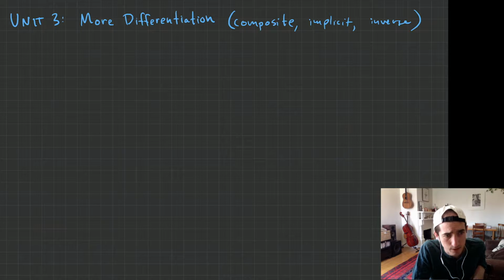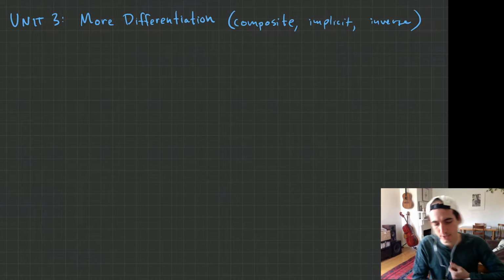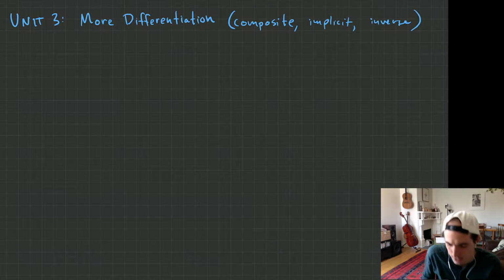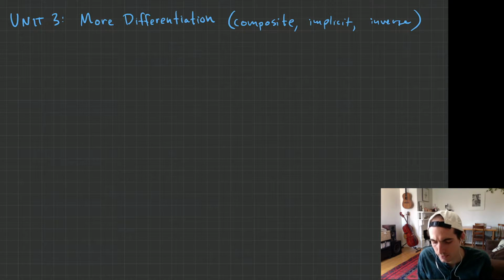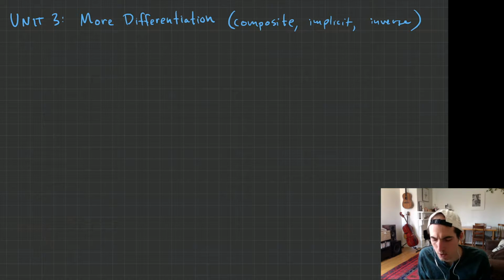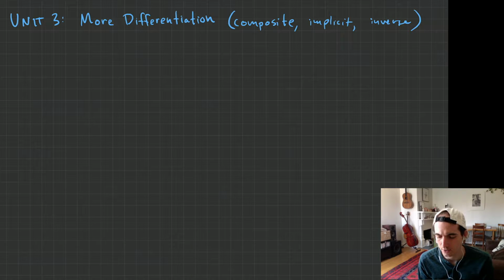Anyway, what we're going to do today is talk about Unit 3. We're really racing through this material. Third day, and we're on the third unit. This is where more differentiation comes in, and this is the more interesting kind of differentiation. There are three different types of differentiation that they talk about.